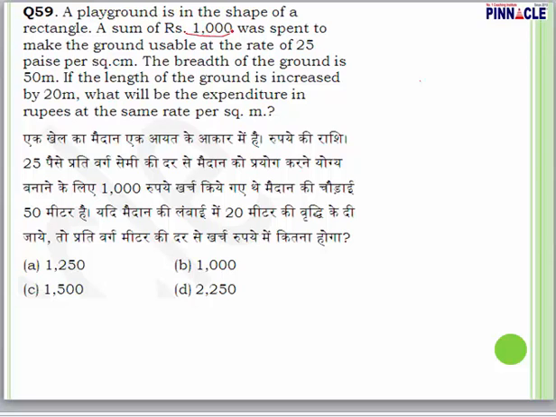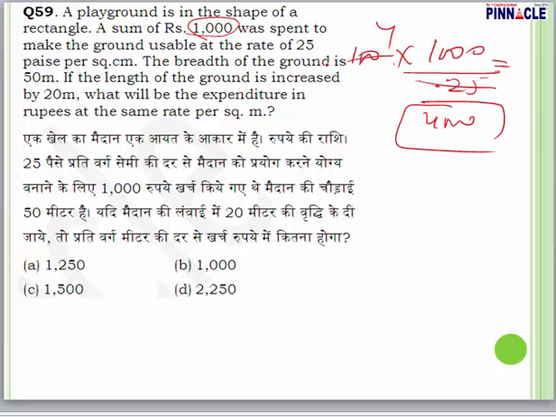Now 1000 is the total amount, and the charges are 25 paisa. So if I divide by 25 divided by 100, because there is a decimal, you will find the area, which will be equal to 4000 square meter.